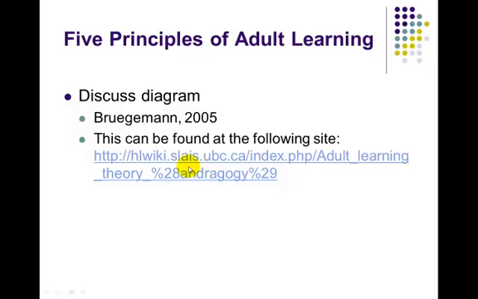But let's talk about that. So if you have this site in front of you, it goes through and you'll see the list and it'll be the same thing that we talked about. The diagram is actually from a textbook where it has 5 circles around and 1 circle in the center. The center circle says adult learning theory.